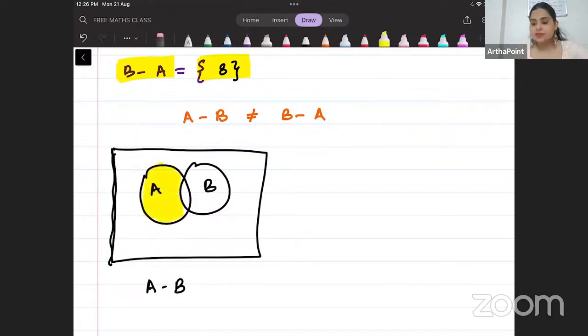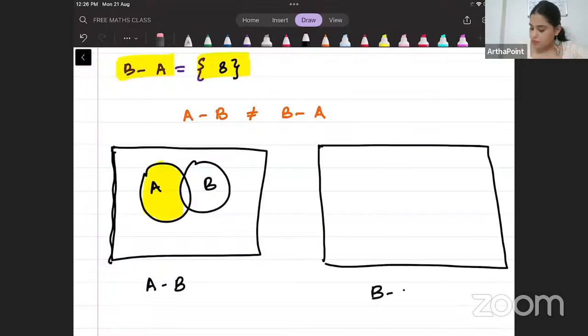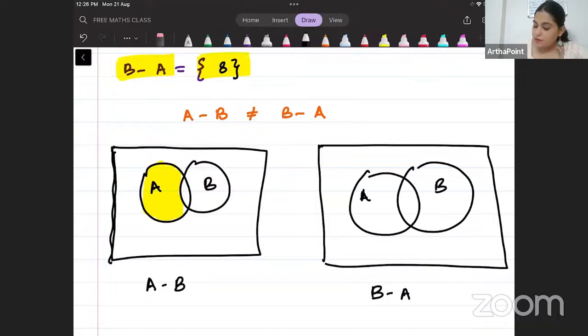But when I do B minus A, it means this is A, this is B. From B, I remove the elements of A. So beta, I am left with this. Can you see that the two are not equal? A minus B and B minus A are not equal to each other.